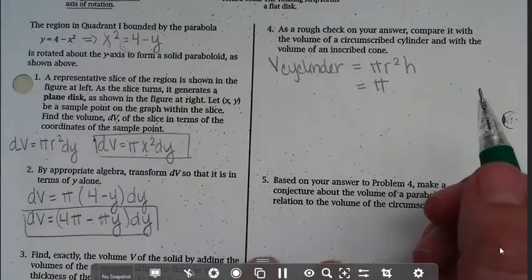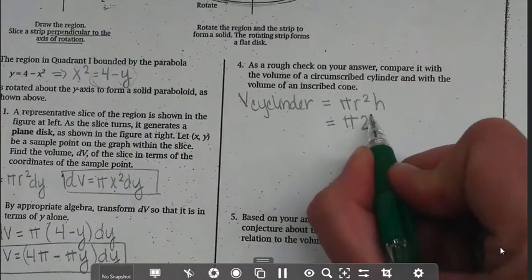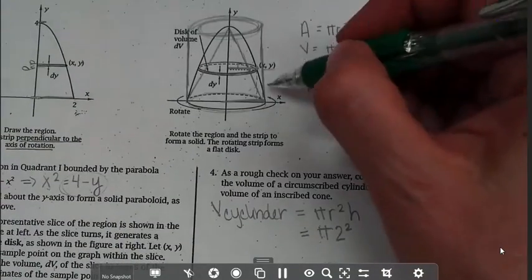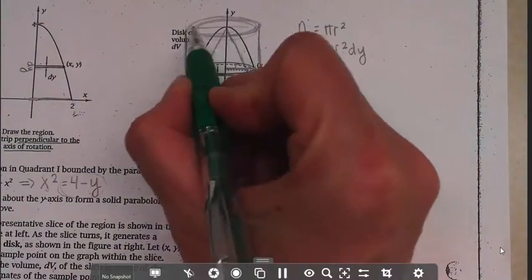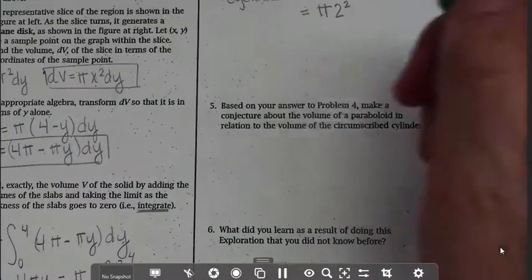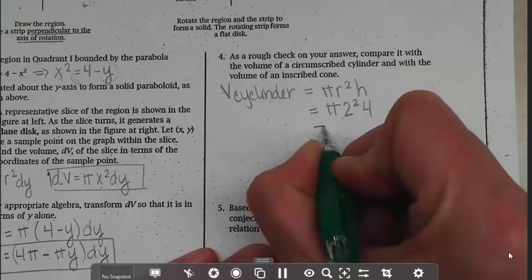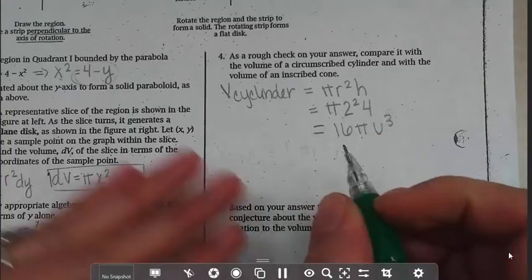But we need to square it. And then your height, now I didn't do a very good job of drawing this, but basically this comes up to the top of this thing, which is at 4. So we end up with 16 pi units cubed.